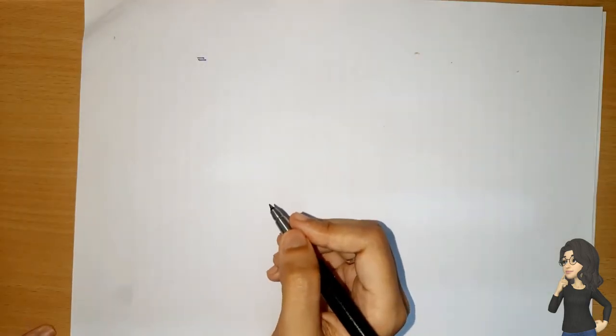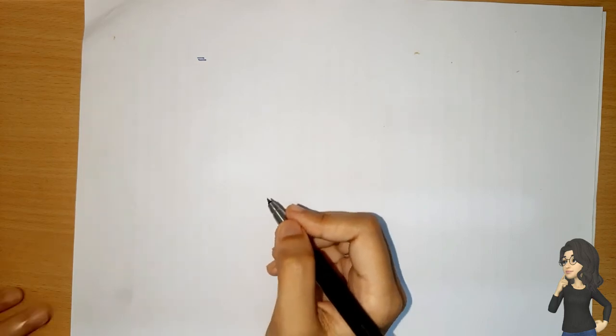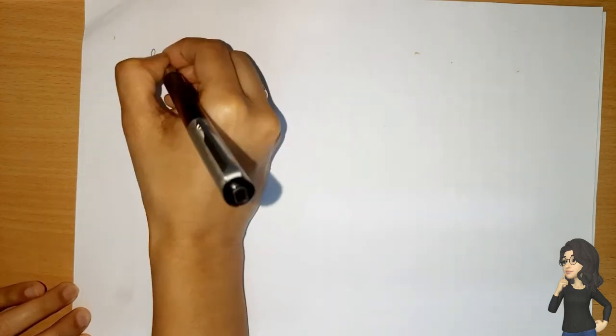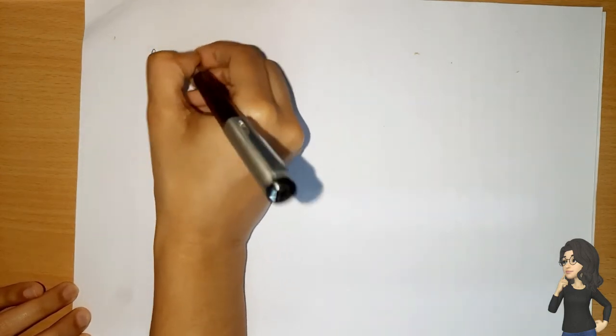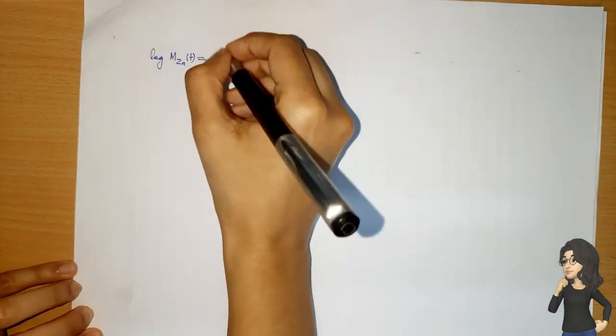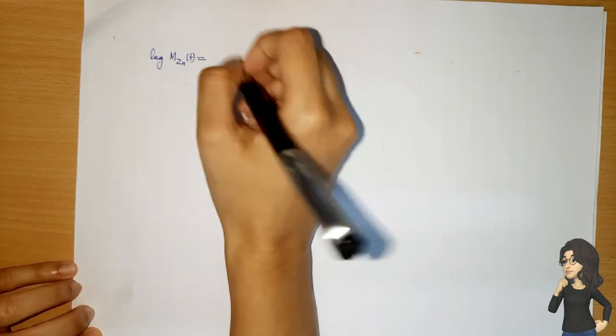Now what we are going to do is take the logarithm on both sides. So logarithm on both sides means log M_{Zn}(t) is going to be taken. So what is that? There is e raised to minus root n mu t divided by sigma.